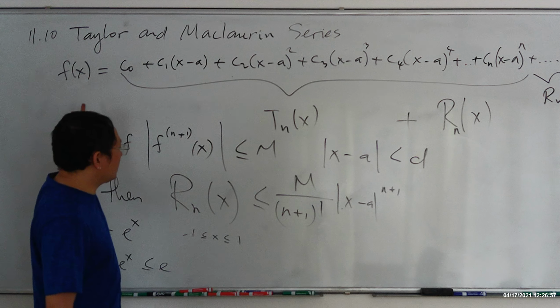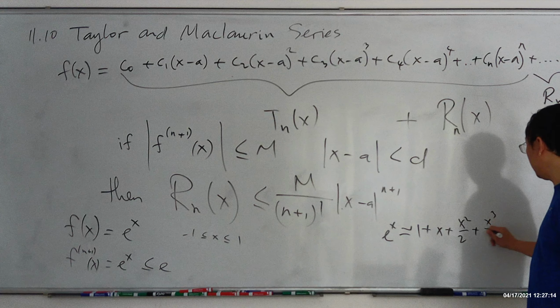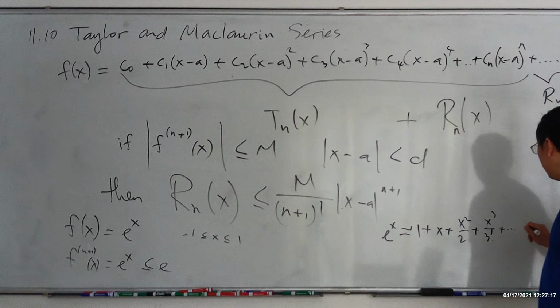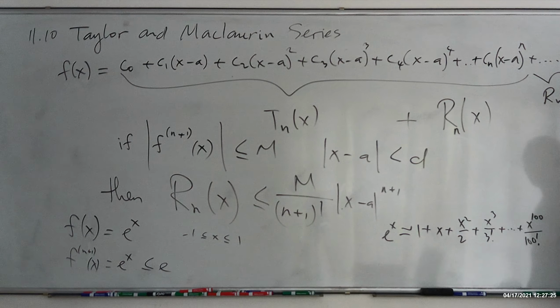So if you use like n terms, say 100 terms, you want to approximate f of x using 100 terms, it's going to be: e to the x is approximately equal to 1 plus x plus x squared over 2 plus x cubed over 3 factorial, all the way to x to the 100 over 100 factorial. Of course more, but you only use that much to approximate e to the x.